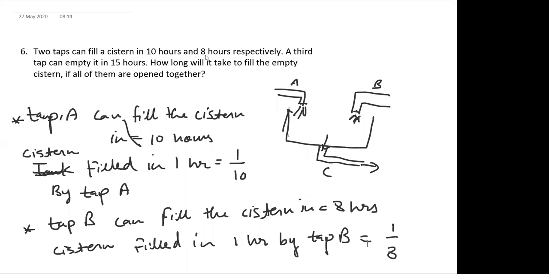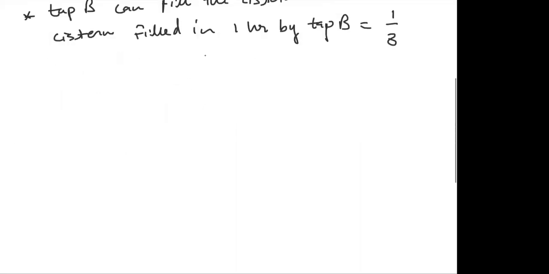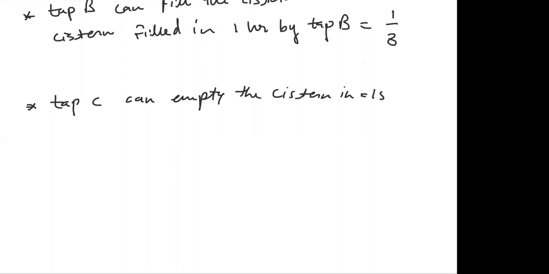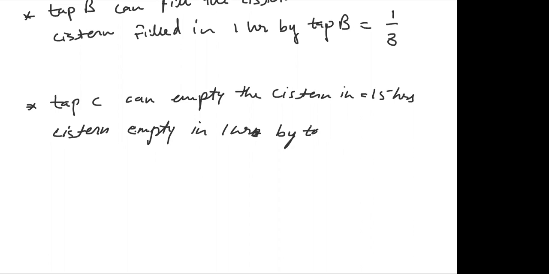So if it can empty the whole tank in 15 hours, tap C can empty the cistern in 15 hours. So the cistern emptied in 1 hour by tap C is equal to 1 upon 15.